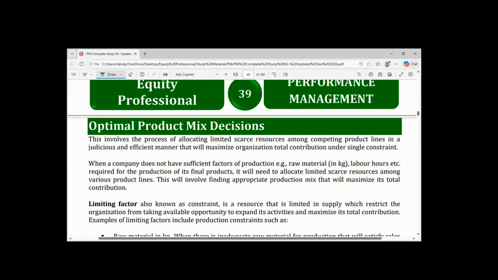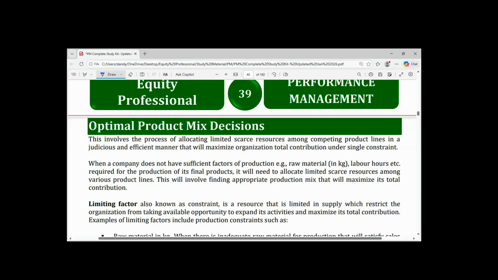Therefore, when a company does not have sufficient factors of production, including raw material kilogram, labor hours, or machine hours, to produce the company's final products in order to maximize contribution or to take advantage of market condition, the limited available resources will need to be allocated among the competing product lines.